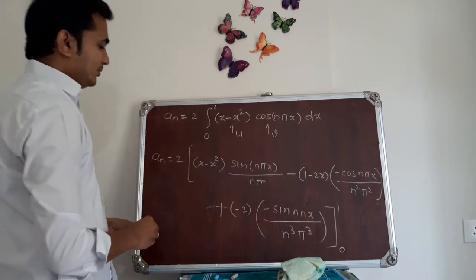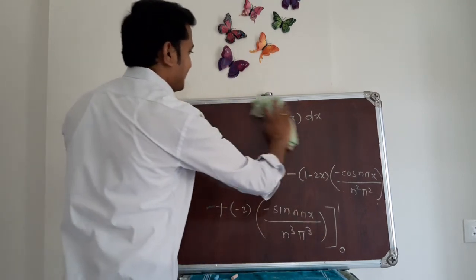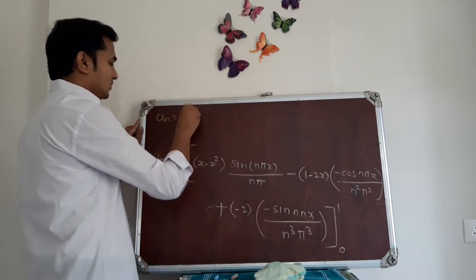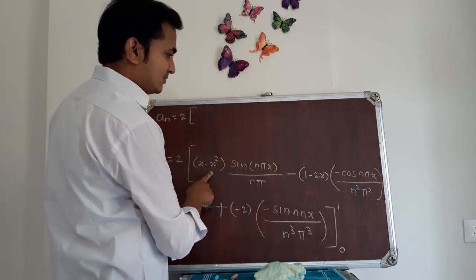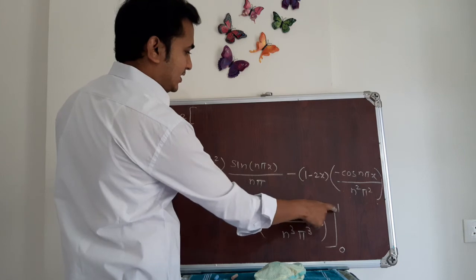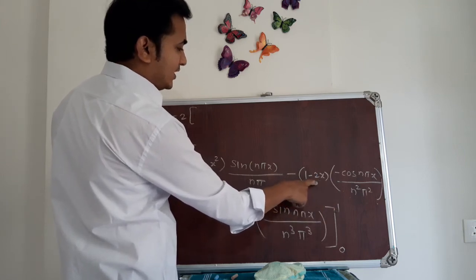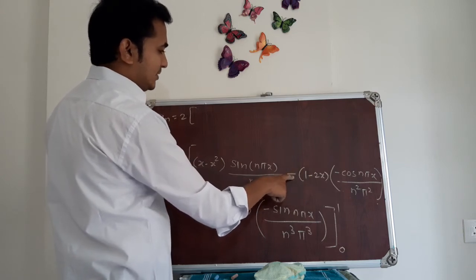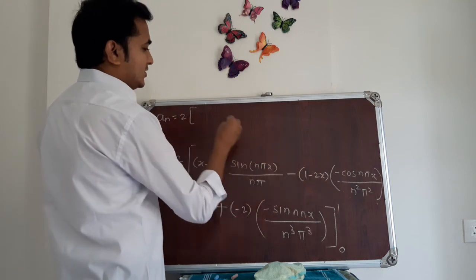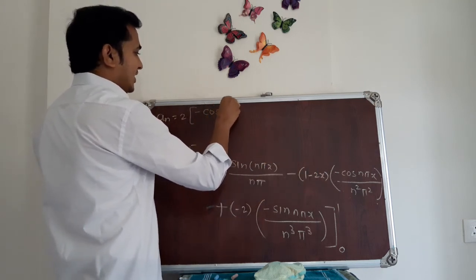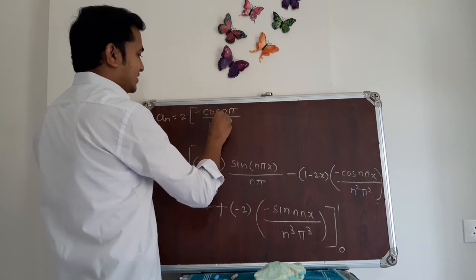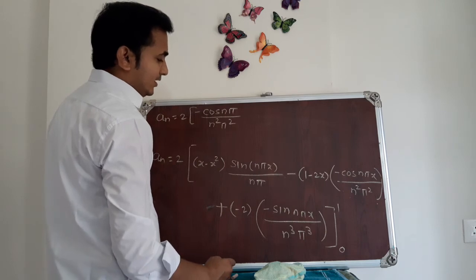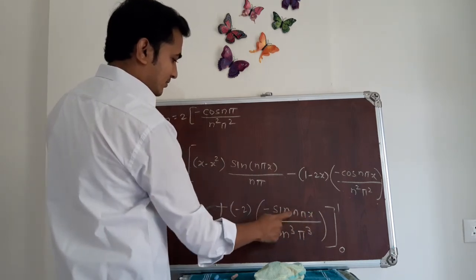So let us substitute upper limit. So an is equal to 2. Upper limit 1 minus 1, this becomes 0. So here x is 1. So 1 minus 2, that is minus 1, and this minus sign becomes plus, and this minus is already there. So minus cos n pi upon n square pi square. Okay, and here x is equal to 1, sin n pi is 0.